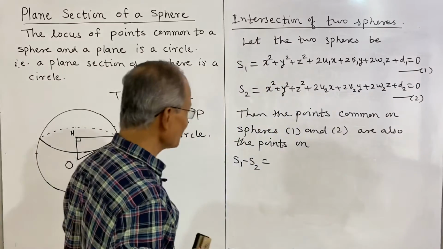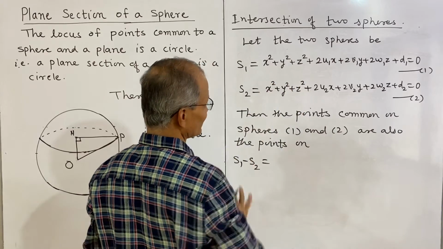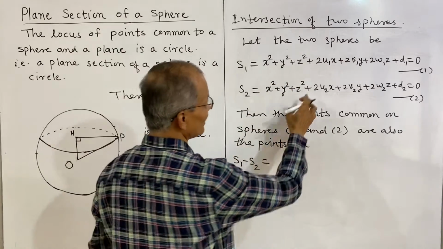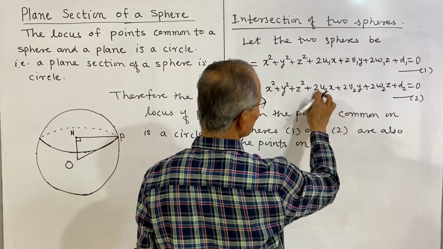So what will be S1 minus S2? The first three terms cancel in the difference, and next we will have 2u1x minus 2u2x, where x is common and 2 is common.